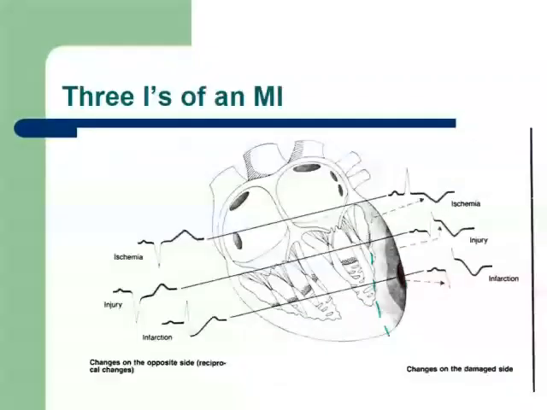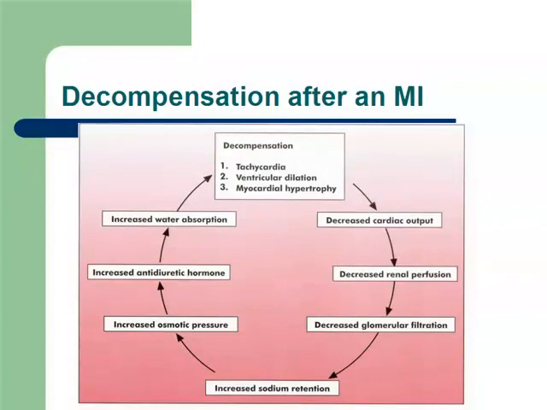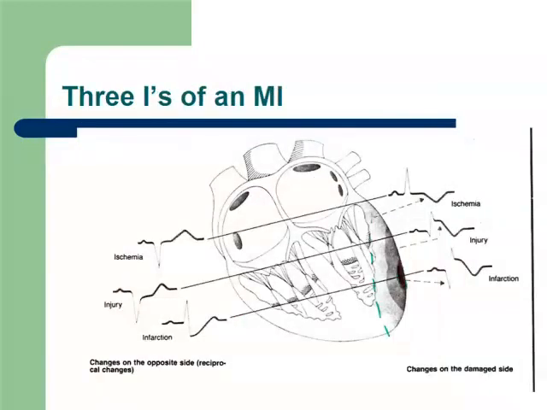And this is showing the 3 eyes of an MI. The black area is infarct. Sorry, we jumped ahead. Infarct, injury, ischemia. This is all ischemia. Ischemia, T-wave inversion, ST segment elevation, injury, presence of a Q wave is infarction.